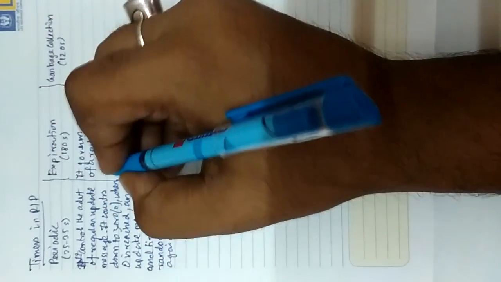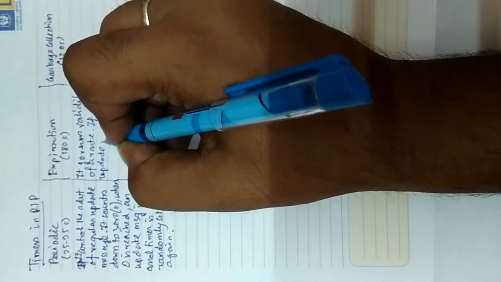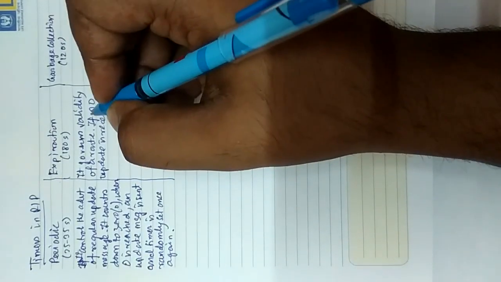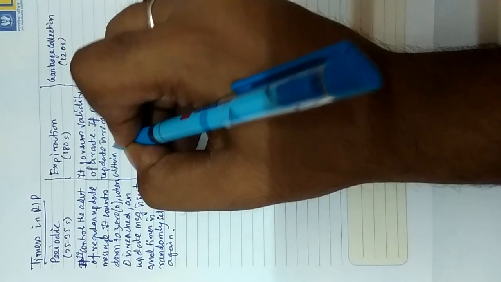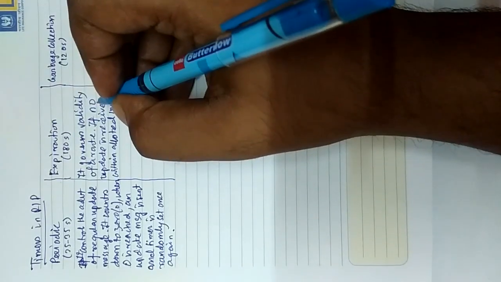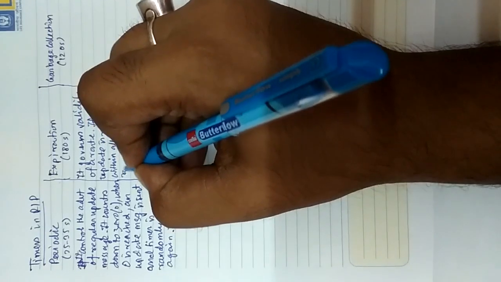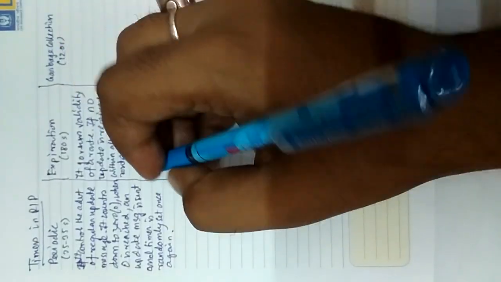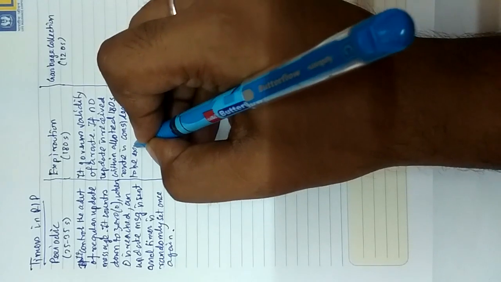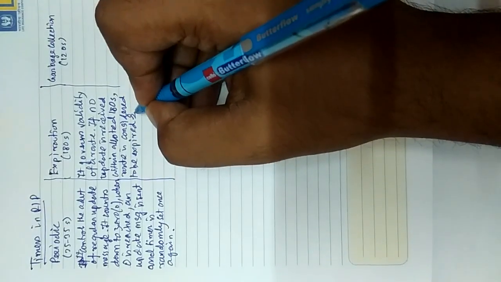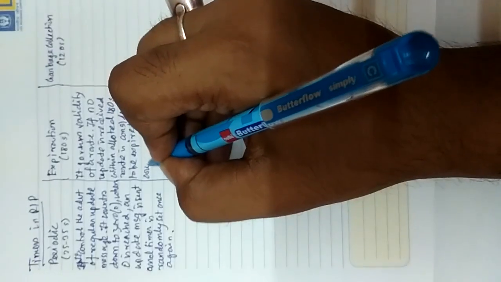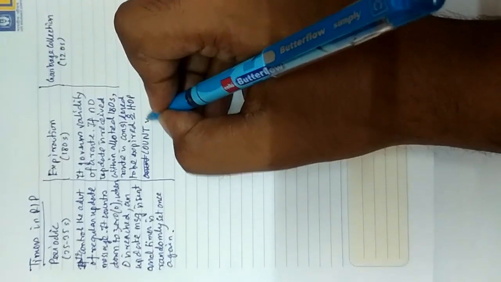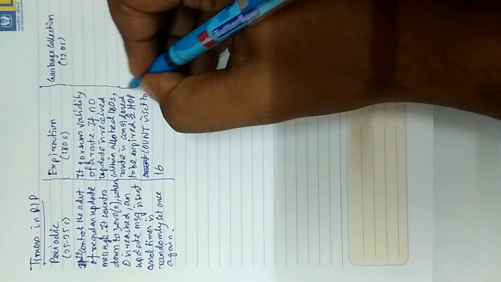If no update is received within the allotted 180 seconds, the route is considered to be expired and the hop count is set to 16, that is infinity.